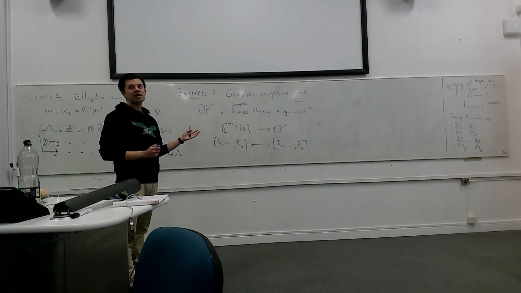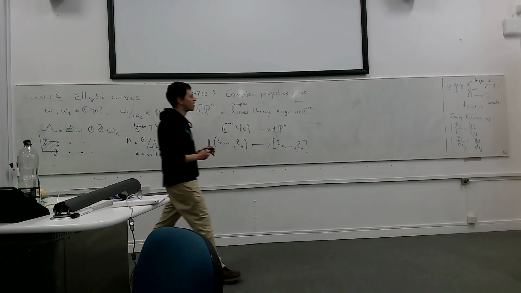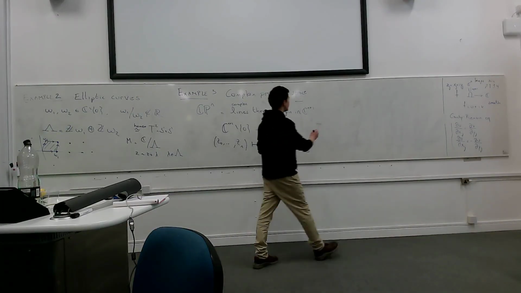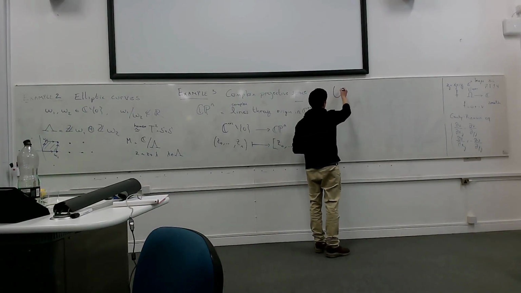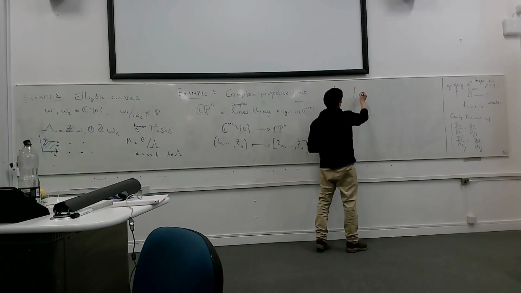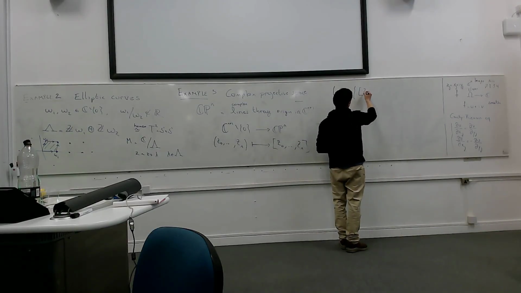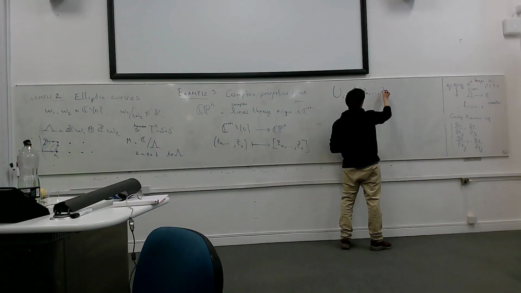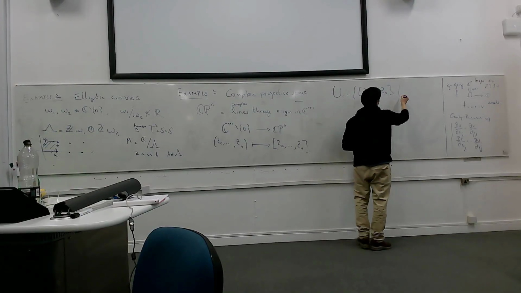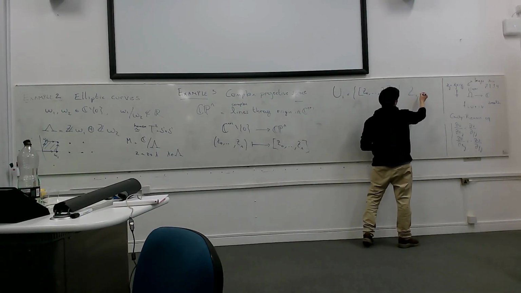And then this has a natural standard cover. You can cover CP^n with these subsets, let's call them U_i, the set of points [Z_0 : ... : Z_n] such that the i-th coordinate is non-zero.